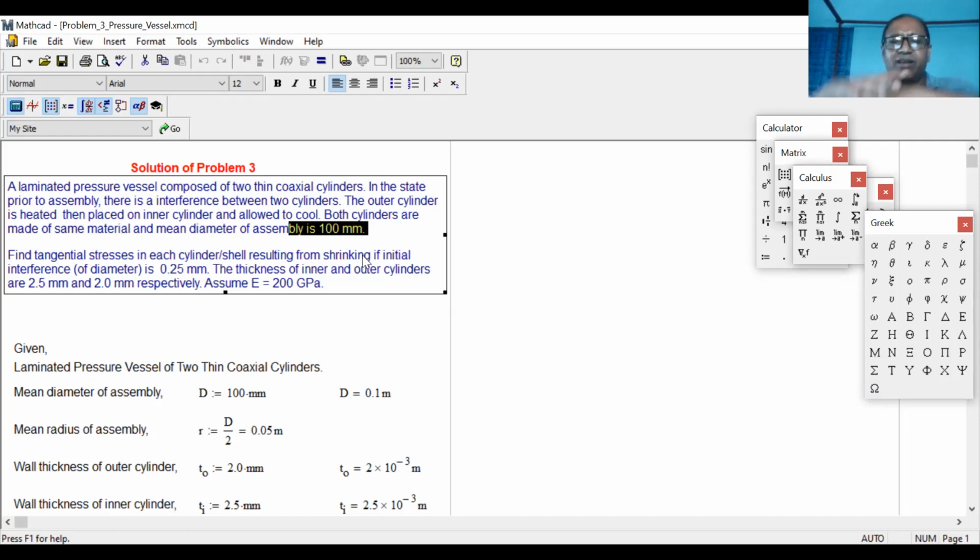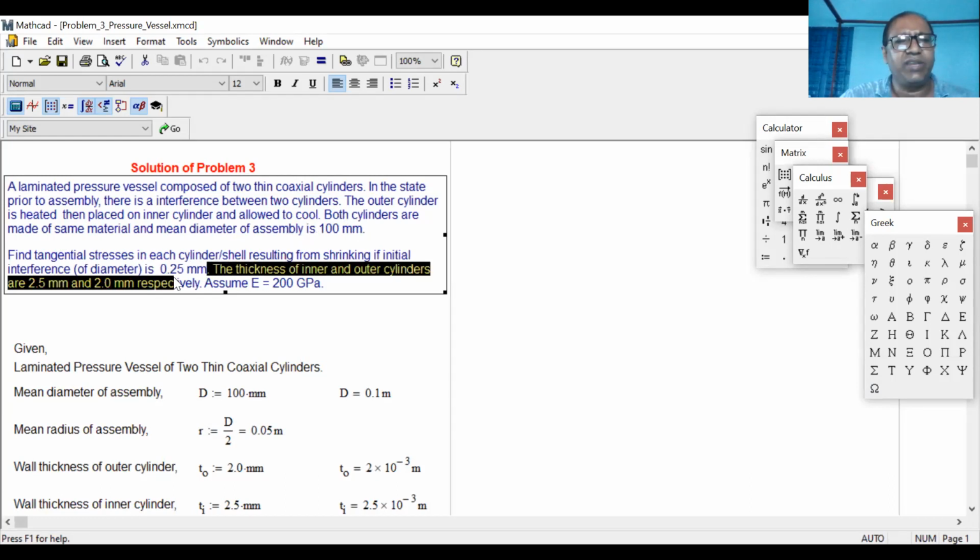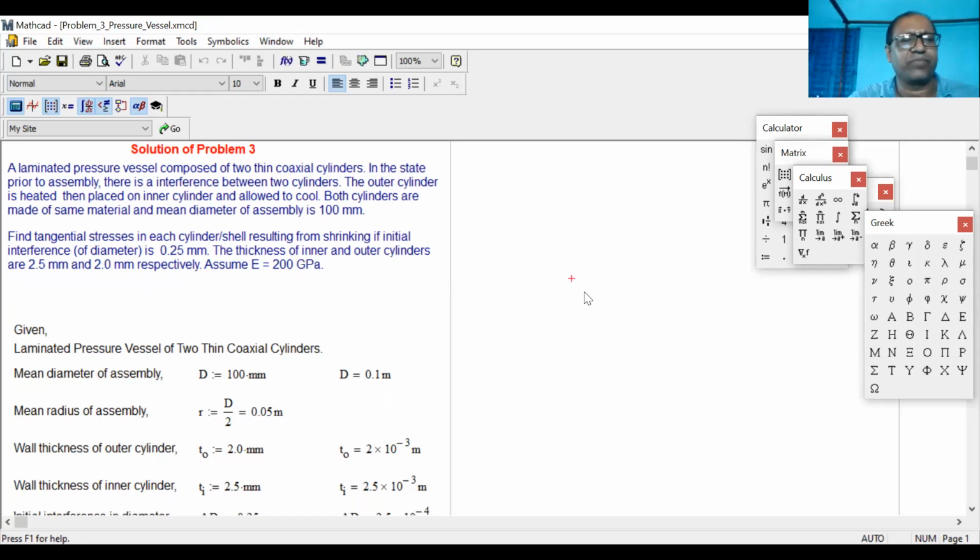Shrinking means from the contact pressure. If initial interference in diameter, that is, diameter one is bigger, is 0.25 millimeter. The thicknesses of inner and outer cylinder are 0.25 millimeter and 0.2 millimeter respectively, and E equal to 200 gigapascal.